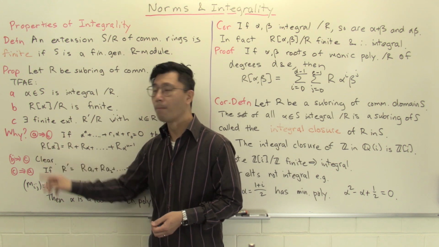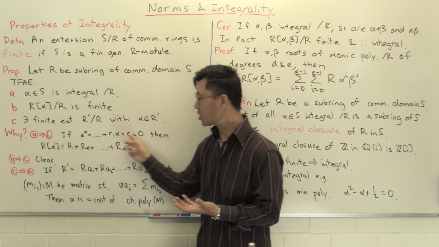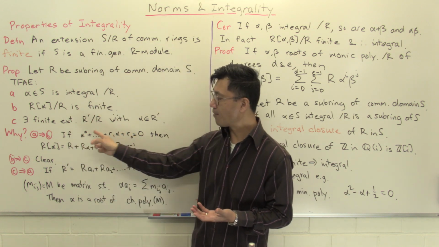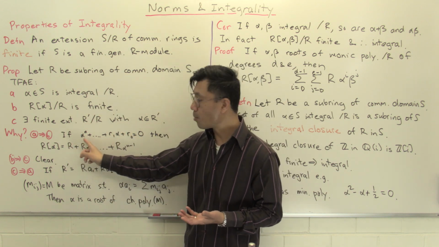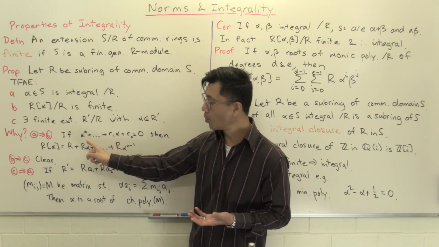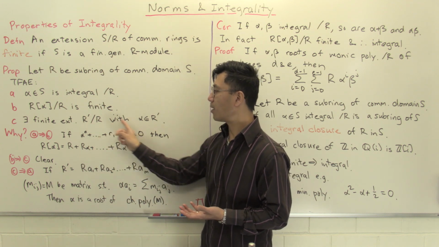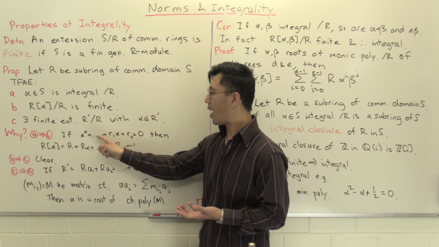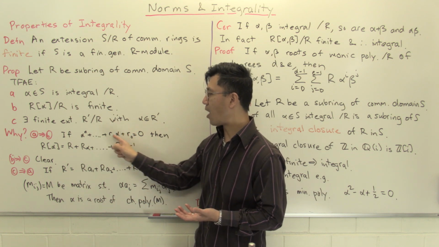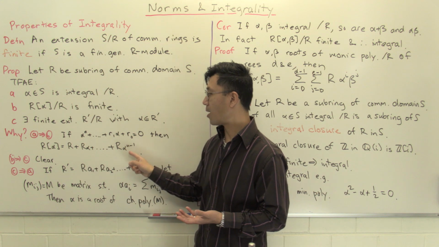Basically you're looking at all polynomials in alpha with coefficients in R. And what this equation tells you is that whenever you have a power of alpha in that polynomial, alpha to the n or higher order, you can replace it with a linear combination of powers of alpha, alpha to the 0, which is 1, up to alpha to the n minus 1.